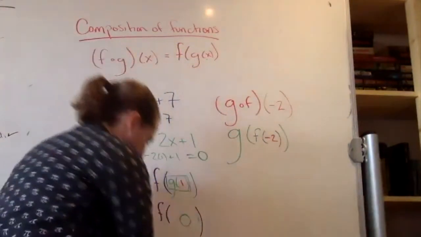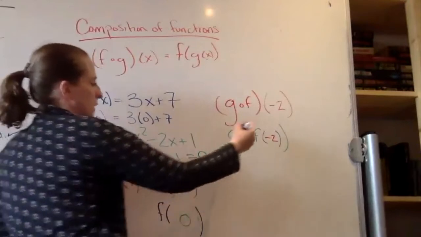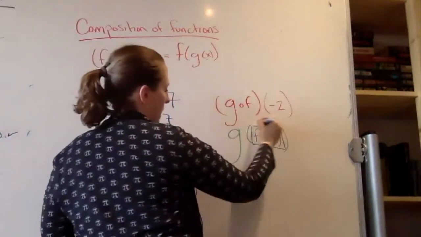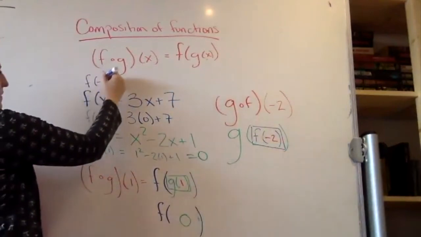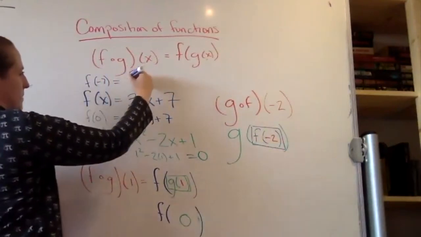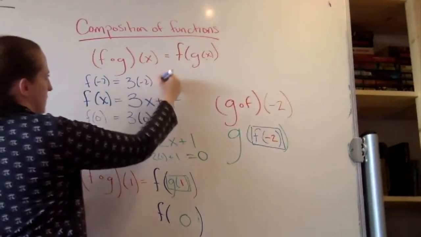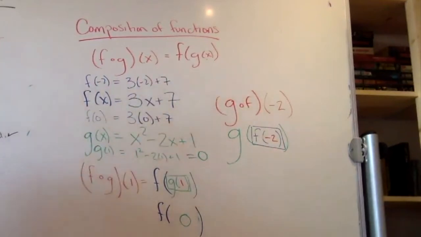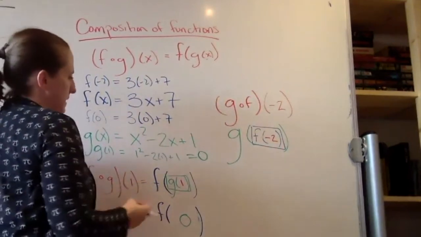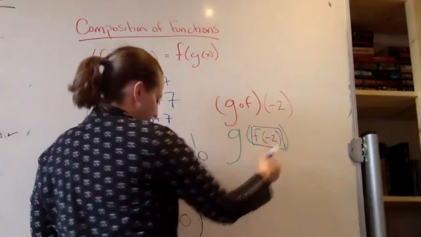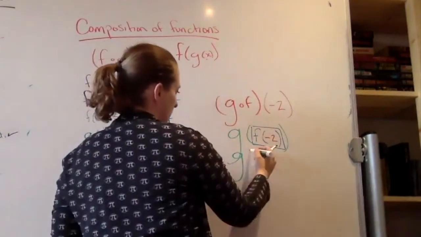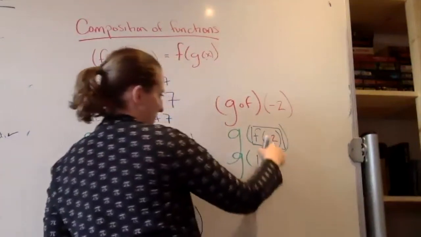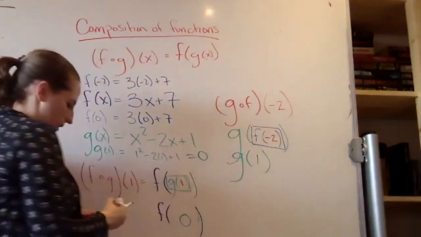All right, so let's unpack this. In here, we're asking, what is f of -2? Well, we know how to calculate f of -2. That just means coming up to f and replacing all my x's with -2. 3 times -2 is -6. -6 plus 7 is 1. So f of -2 is the same thing as 1. So I can think of this as g of 1, because f of -2 and 1 are the same thing.